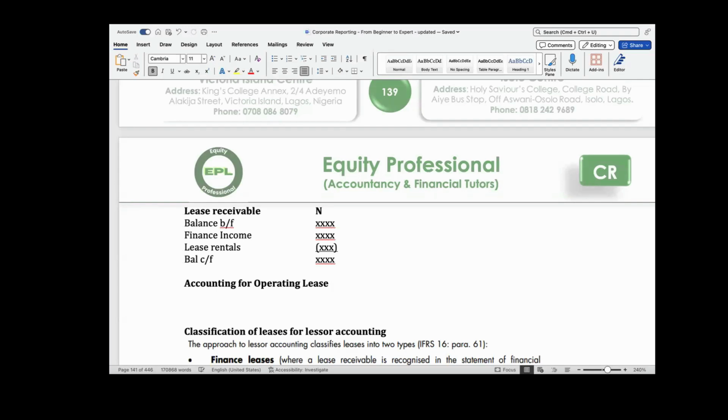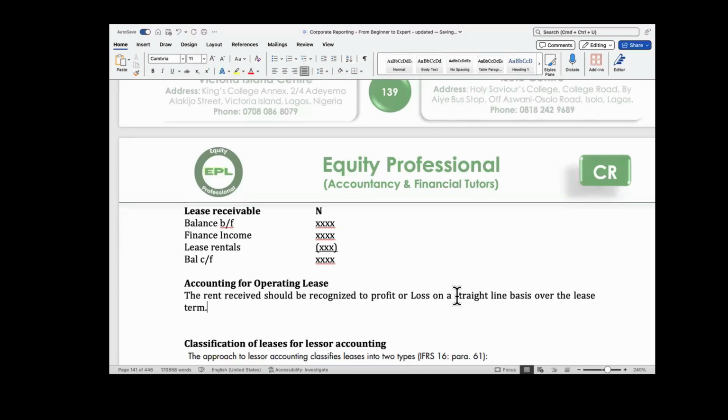However, under operating lease, the rent received should be recognized to profit or loss on a straight line basis over the lease term. That's the technical thing here.